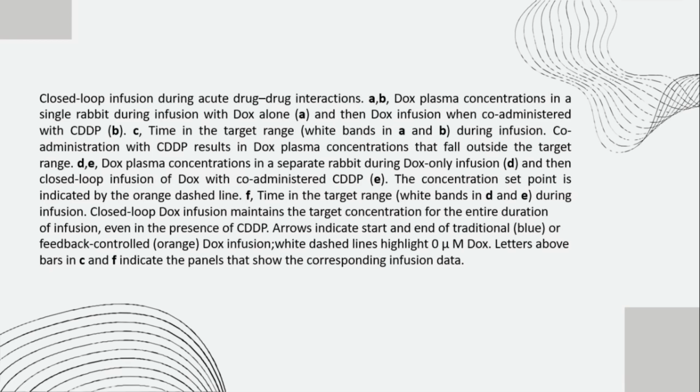Closed-loop dogs infusion maintains the target concentration for the entire duration of infusion, even in the presence of CDDP. Arrows indicate start and end of traditional (blue) or feedback control (orange) dogs infusion, and the white dashed line highlights 0 micromolar dogs. Letters above bars in C and F indicate the panels that show the corresponding infusion data.